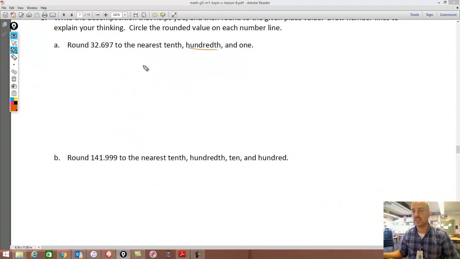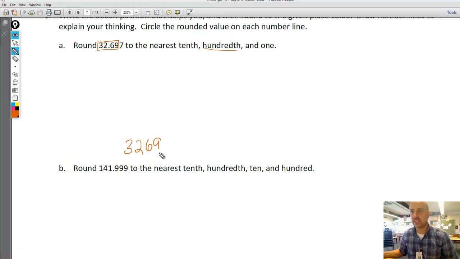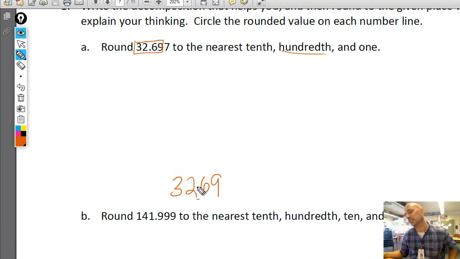Let's try for the hundredths. I have my tenths. I have my hundredths. I'm going to isolate that. And how many do I have? I have 3,269 hundredths, and you can say, "Oh, how is that, Mr. Apple? What in the heck is that?" Let's say I had $32.69, and I was going to pay you all in hundredths, or pennies.